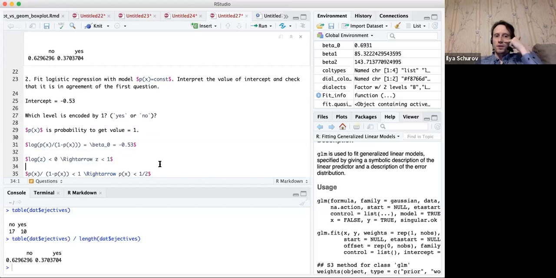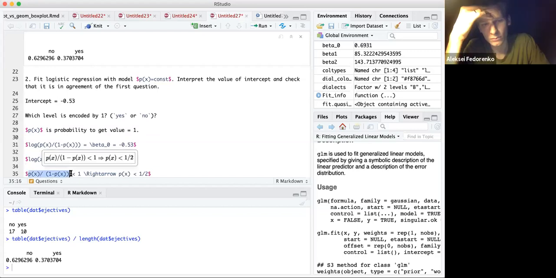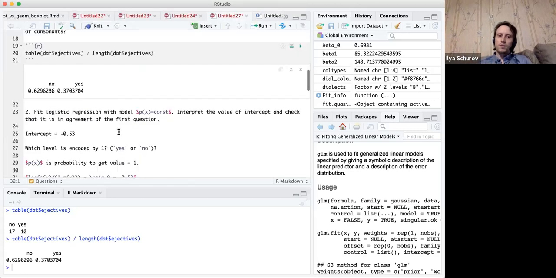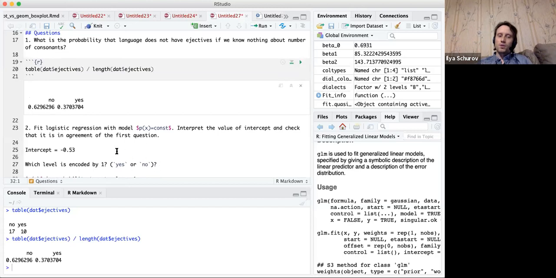This is what we discussed at the lecture, when we said that the point p of x equals 1/2 corresponds to odds 1 to 1. So in this case, odds are just 1, and this corresponds to a logit value equal to 0. So if it is negative, then we have probability less than 1/2, and then we conclude that it is the level yes that is encoded by 1.